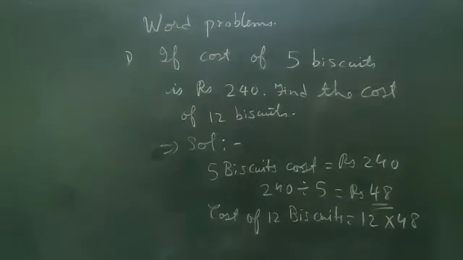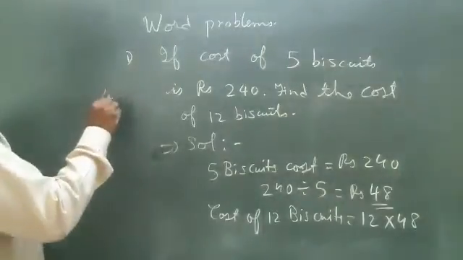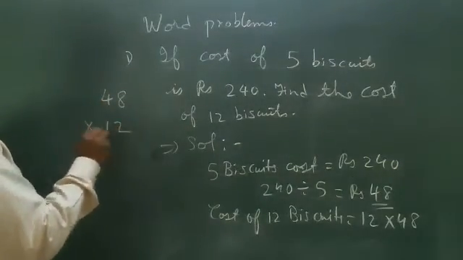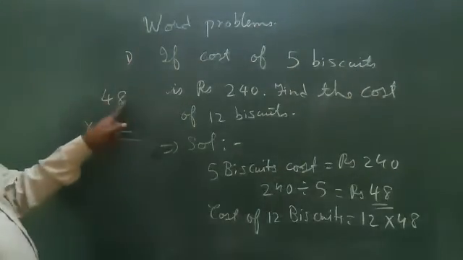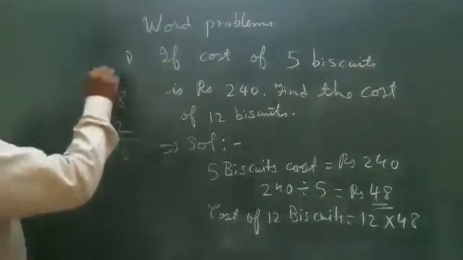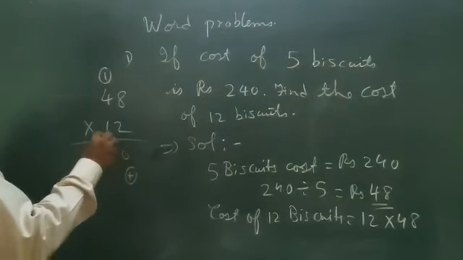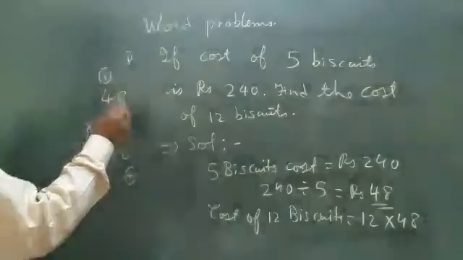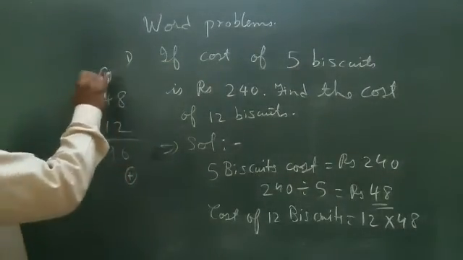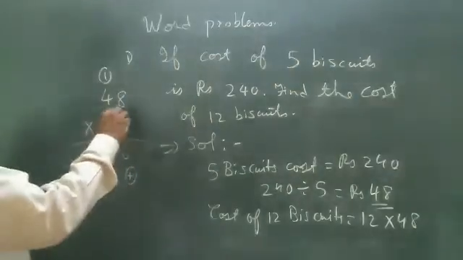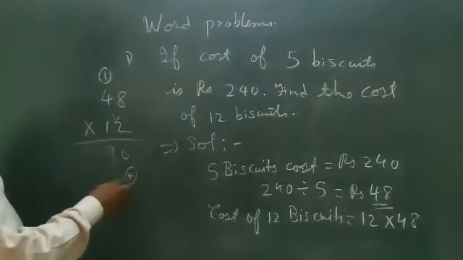So, see here, 48 multiplied by 12. Now 2 8s are 16. 6 here, 1 carry. 2 4s are 8 plus 1, 9. So this work is over. Now add 0.